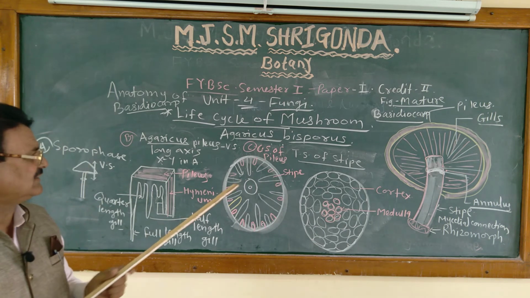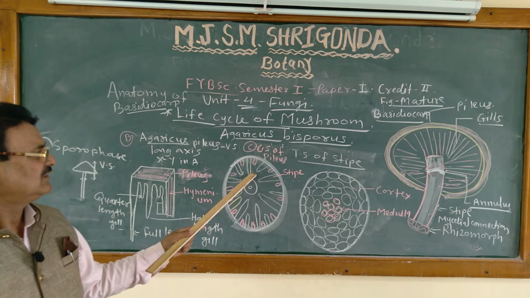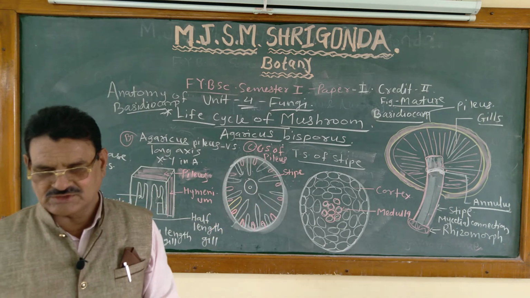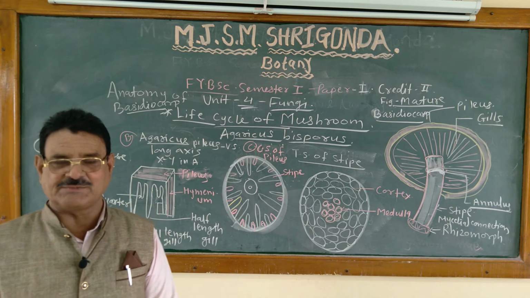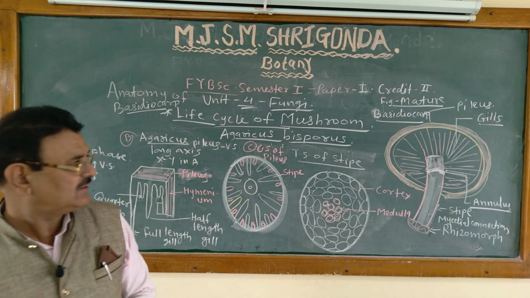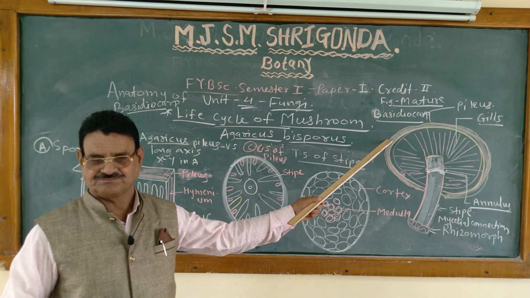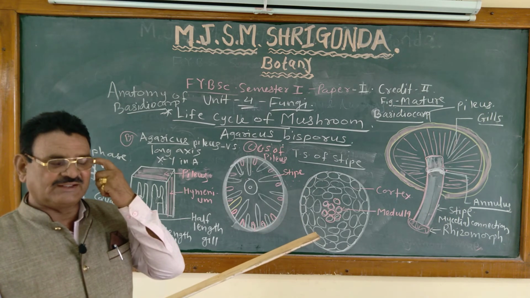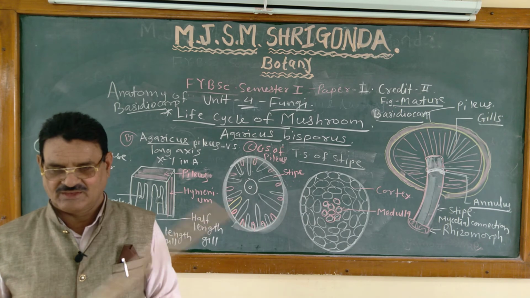Then the third structure, pileus. The stipe supports a broad umbrella shaped structure called pileus, which shows a hymenium layer. This is the umbrella shaped structure called pileus. The mature pileus is 5 to 12.5 cm in diameter.